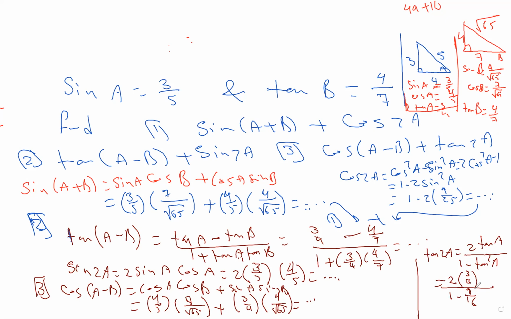Do you have any problem? Another example: if the exercise is sine 35 cosine 30 minus cosine 35 sine 30, and you need to solve it without using a calculator.